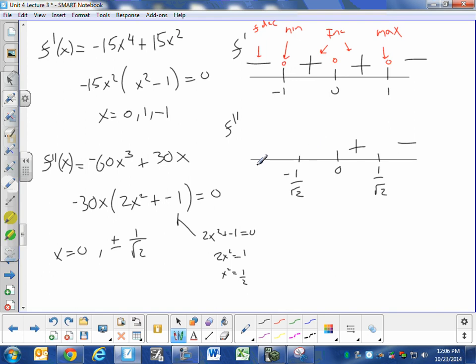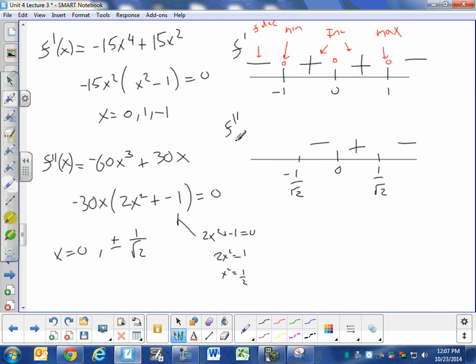Then we go to the other side. Same thing would happen here. Oh, this is interesting. So I plug in a very small negative value, square it, multiply by 2. It's something very small and positive. Add negative 1, that's a negative. However, here, it'd be a negative times a negative. That'd be a positive. So this would be a positive times a negative, which is a negative.